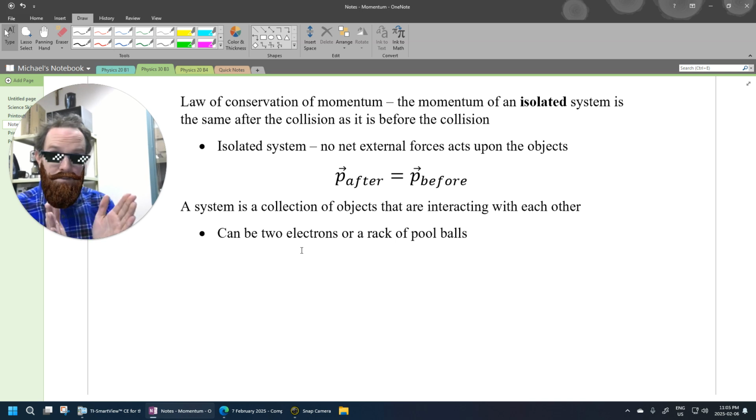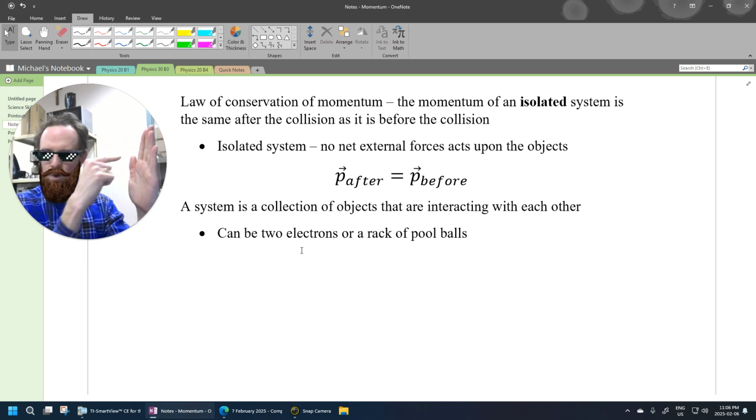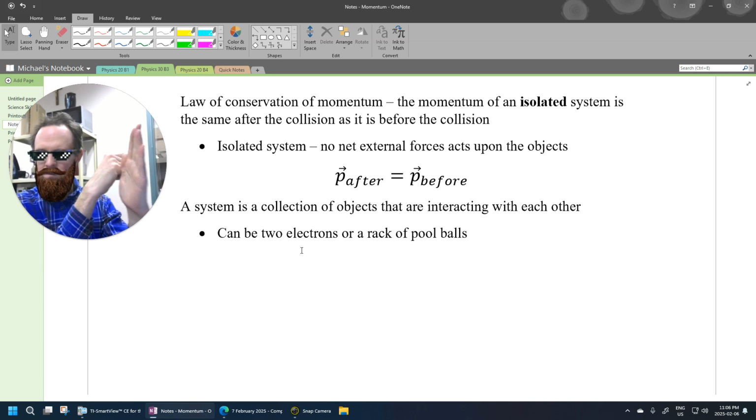Oh, because they're vectors, right? Momentum is a vector. So if this one changes in this direction, because he gets hit that way, the second object here gets pushed in that direction. Let's say that direction is positive. And then this object pushes back in this direction.